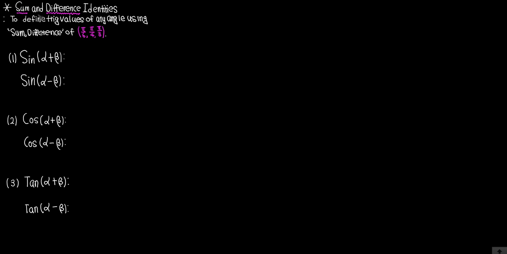Let's think about the main purpose of applying the sum and difference identities to trigonometry, and think about these sum formulas of sine, cosine, and tangent, and the difference identity, which also has to do with sine, cosine, as well as tangent.